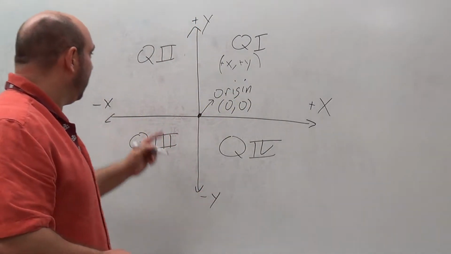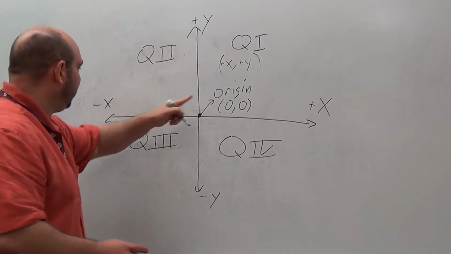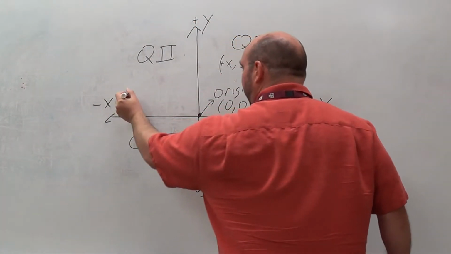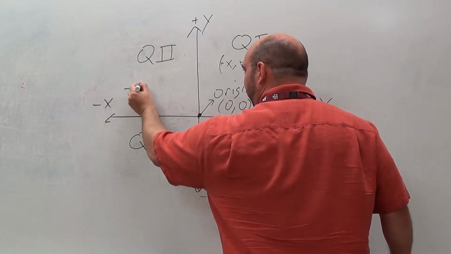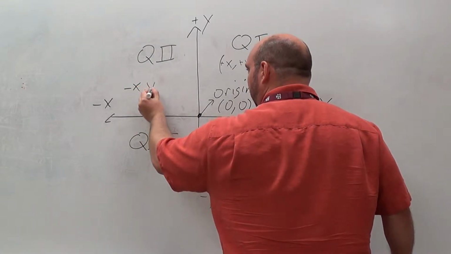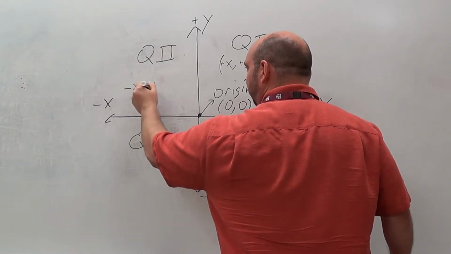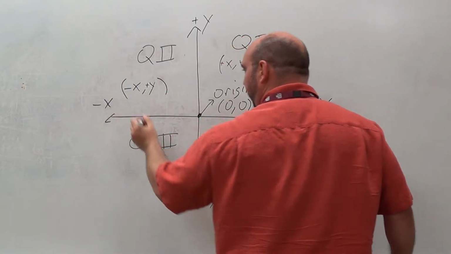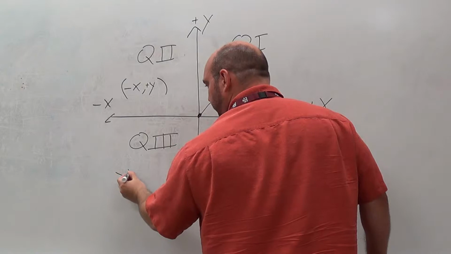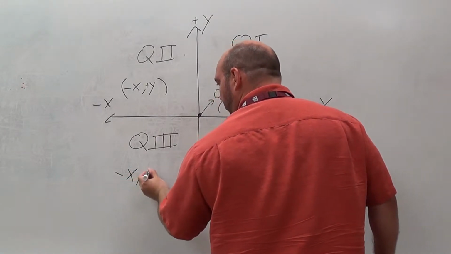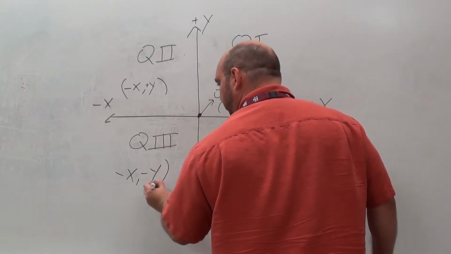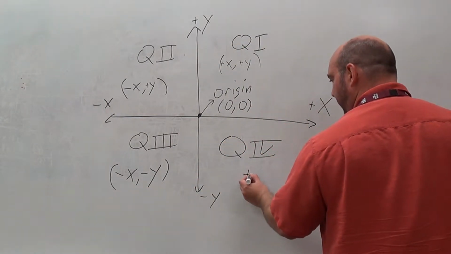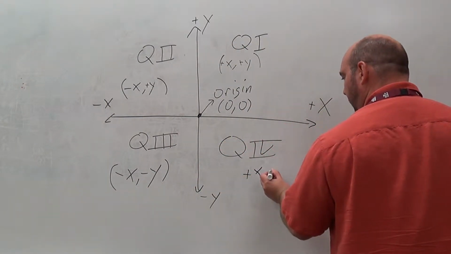All right? In this case, I notice I've got a negative x here, right? So at this point, my x's are going to be negative, and my y's are going to be positive. So positive y, negative x, negative y, and we know we're going positive x, negative y.